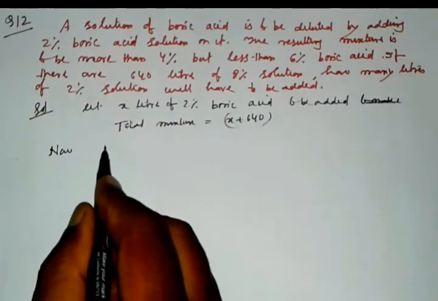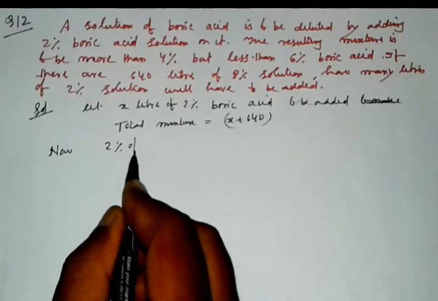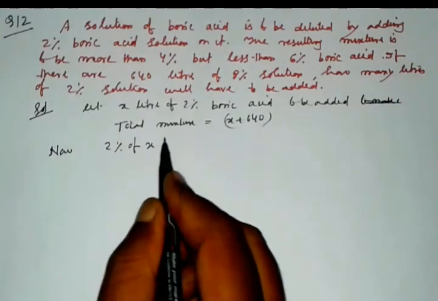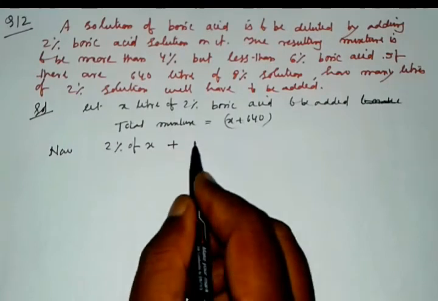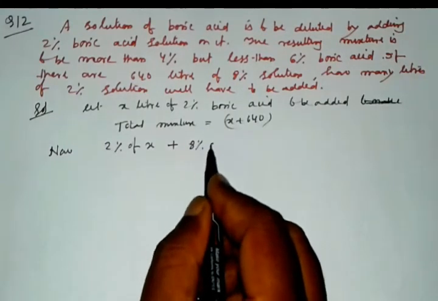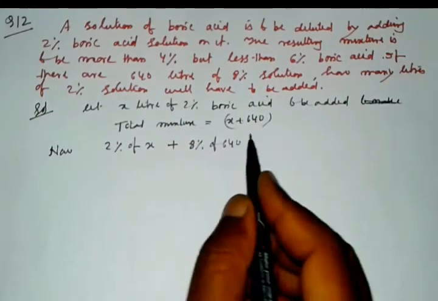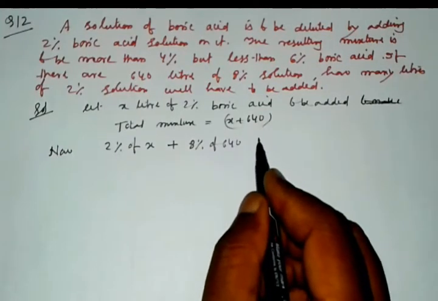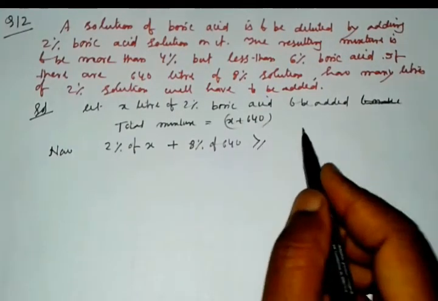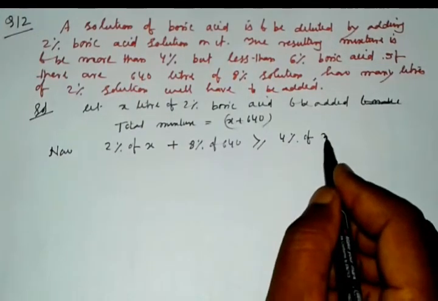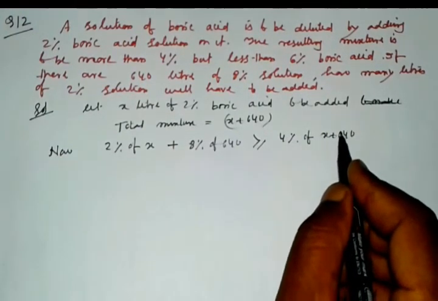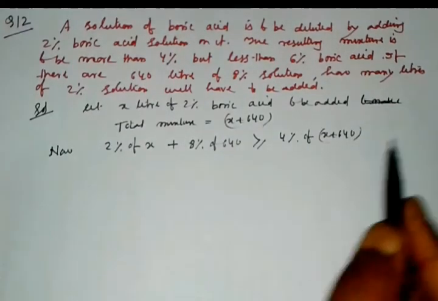Now, it is given 2% of x plus 8% of 640 liters of solution is greater than 4% of x plus 640.